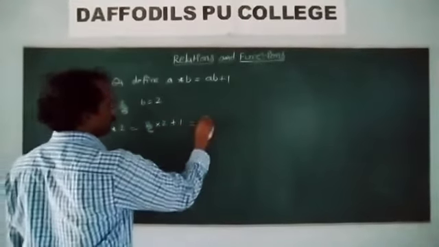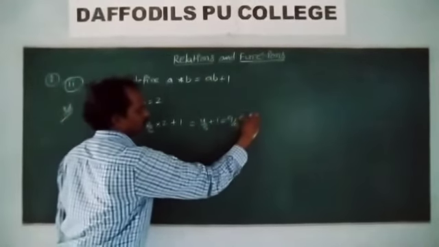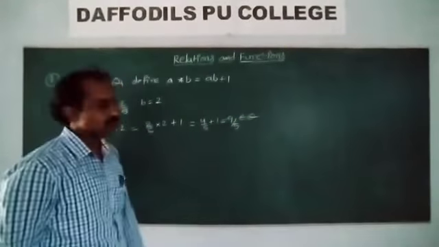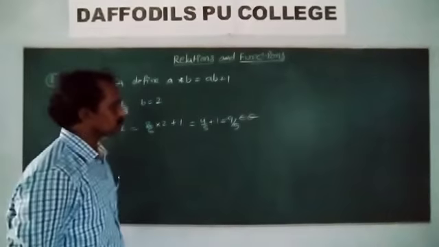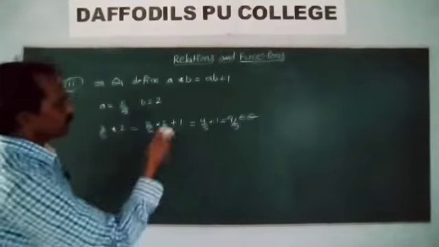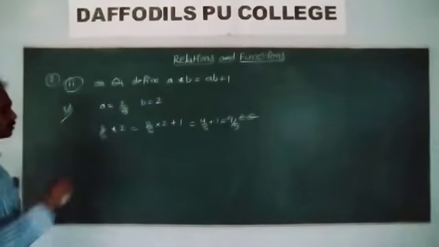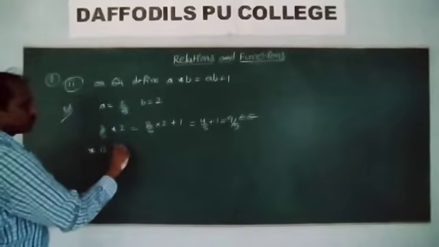This value is 4 by 5 plus 1, so 9 by 5. Does 9 by 5 also belong to rational numbers or not? Okay, rational number. Clear? Like that, we get rational numbers. Therefore, star is a binary operation.